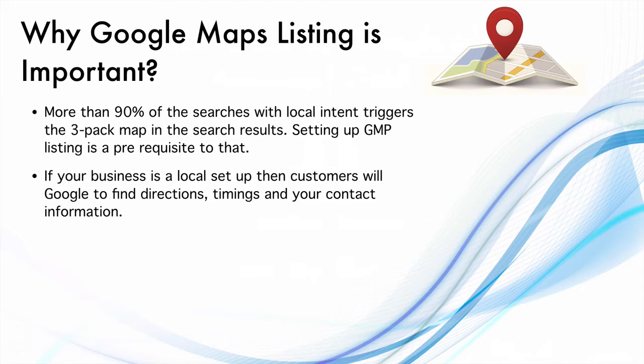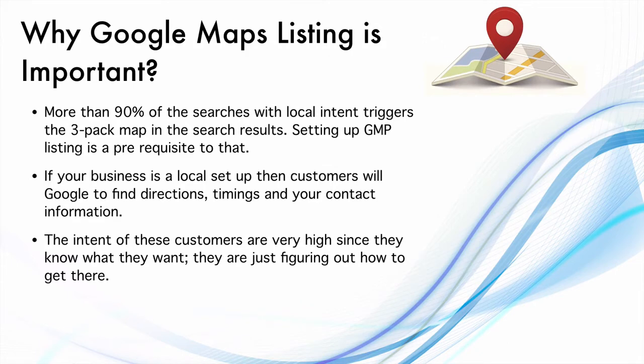It's very important for you to specify all of this information in the most accurate manner possible, so that when they're actually looking for it, they find it and it's easier for them to do business with you. This is probably the most important reason why you should be focusing on local SEO, especially if your business is of a local setup.